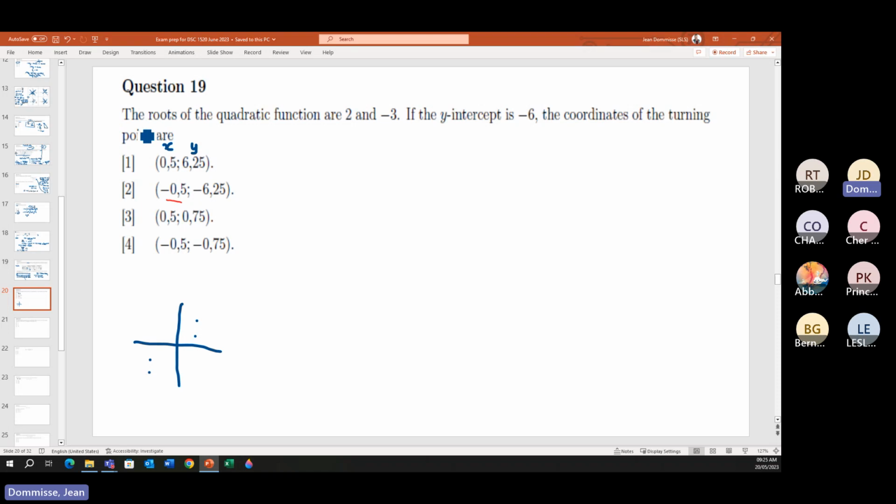Okay, so they tell us the roots of a quadratic function are 2 and minus 3, and that the y-intercept is minus 6. Okay, and they tell us the roots of that. So let's first work out.